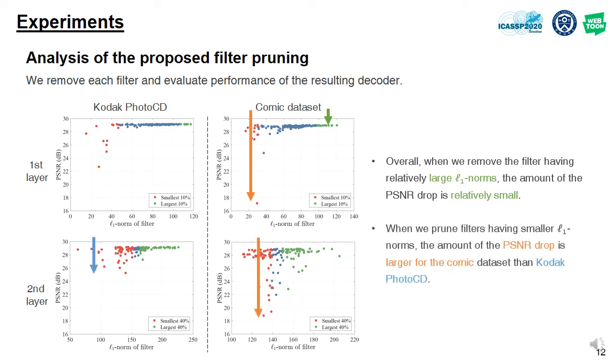And when we prune filters having smaller error norms, the amount of the PSNR drop is larger for the comic dataset than Kodak PhotoCD. If we consider the filter characteristic mentioned in previous slide, the results make sense because relatively importance of overall image structure is more prominent in comic images than in natural images.